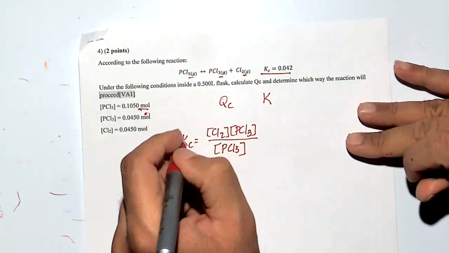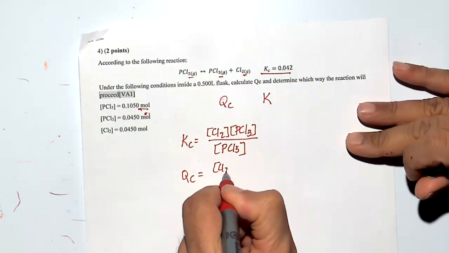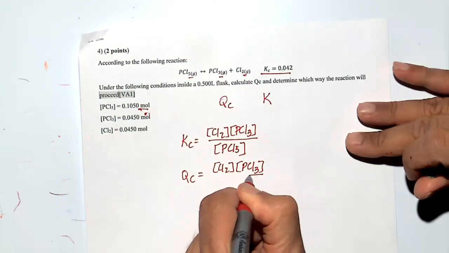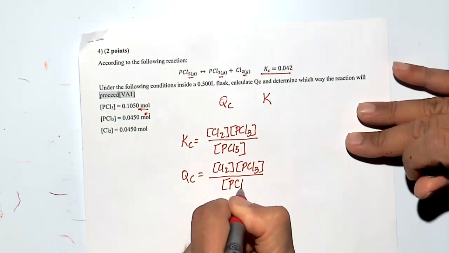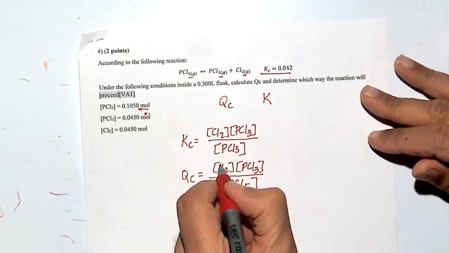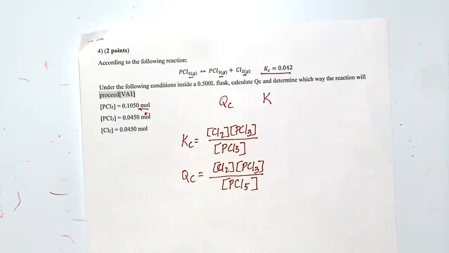If these are at equilibrium, Qc is equal to Kc. And if they're not equal, then you're going to use the Gator Rule to determine which way the reaction will proceed so that they will get to equilibrium.